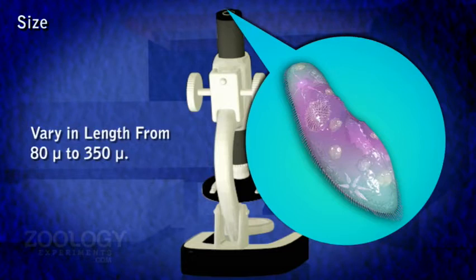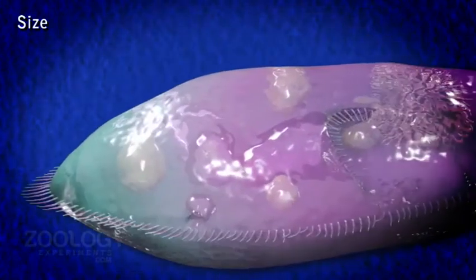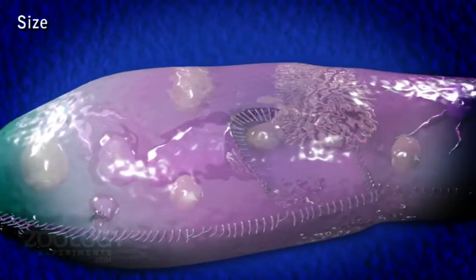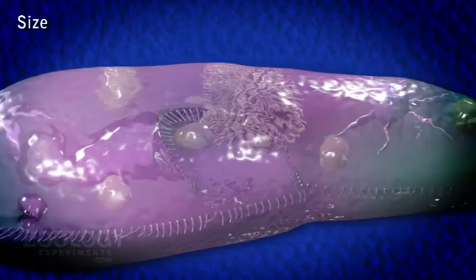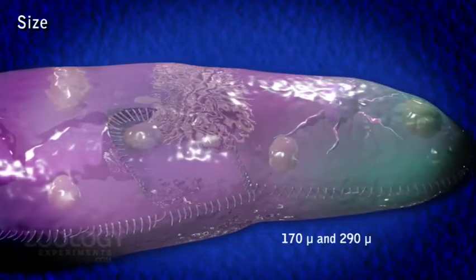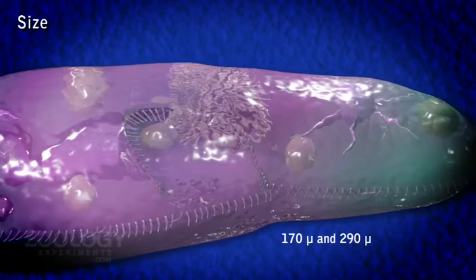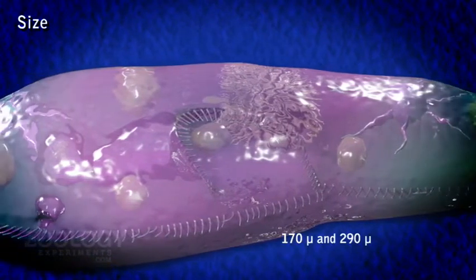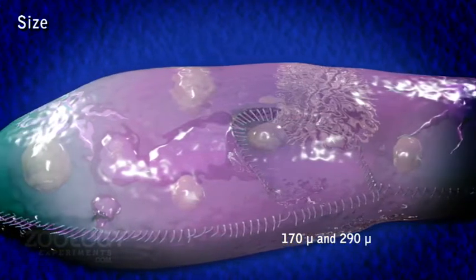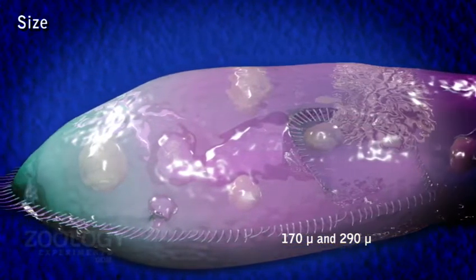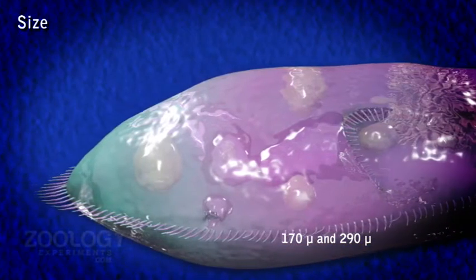This can be observed with the naked eye as a whitish spot. The largest species, Paramecium caudatum, measures between 170 microns and 290 microns. The greatest diameter of the cylindrical body is about two-thirds of its entire length.